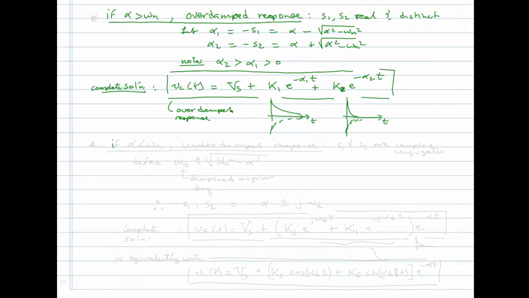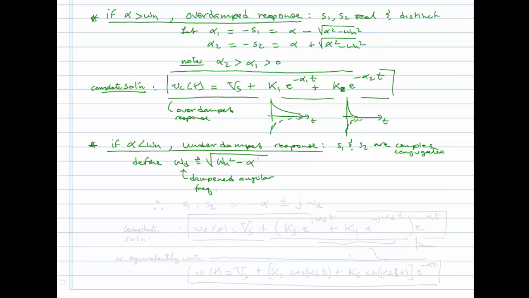All right, now we want to look at the case where alpha was less than omega n, which is the underdamped response. Here S1 and S2 are complex conjugates of each other. We define a quantity omega d, the damped angular frequency, as the square root of omega n squared minus alpha squared.